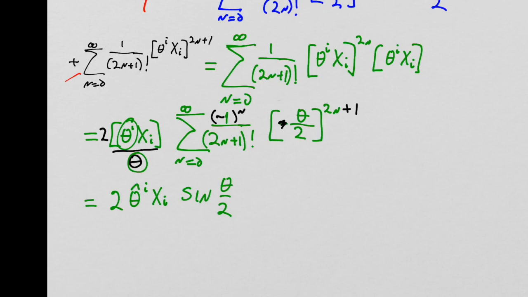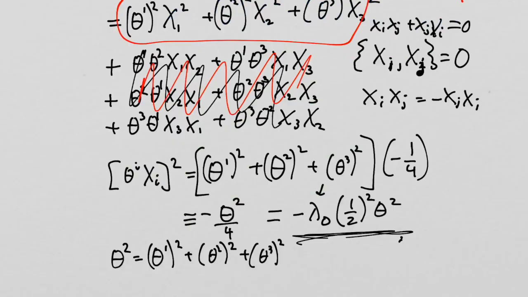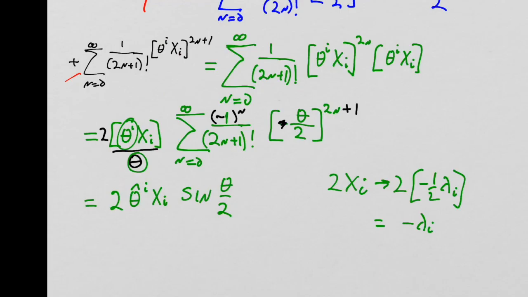Right now, when Gilmore does this, he immediately takes 2xi and writes that as 2 times minus 1/2 lambda I, which equals minus lambda I. So this ends up being in his notation, which I'll do in red here, theta hat I lambda I, minus theta hat I lambda I sine theta over 2.